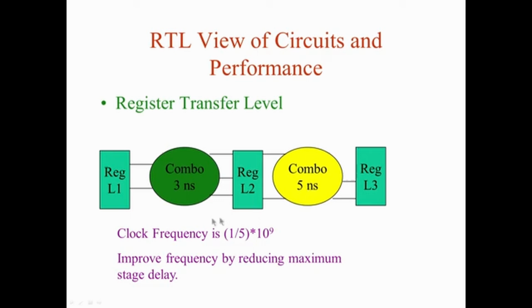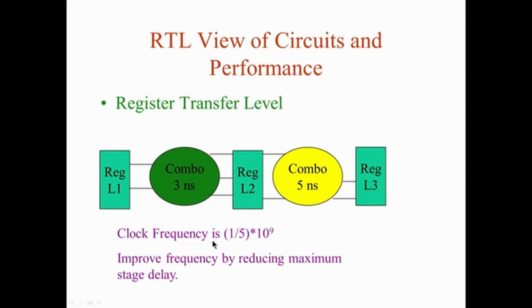So what would be the clock frequency here? It is 1 by 5 into 10 power 9, correct, because 5 nanoseconds is 5 into 10 power minus 9, so the frequency is 1 by 5 into 10 power 9. That is the clock frequency, right.